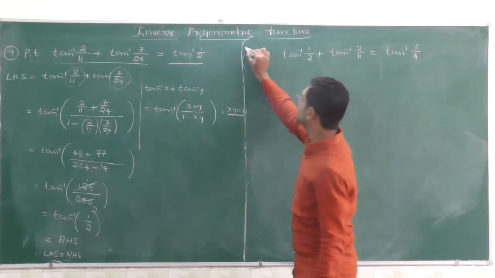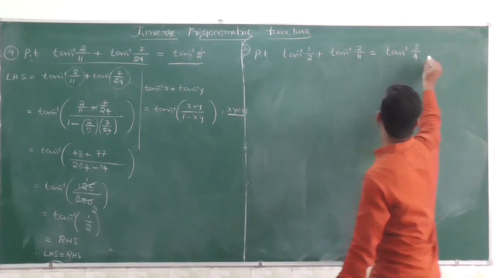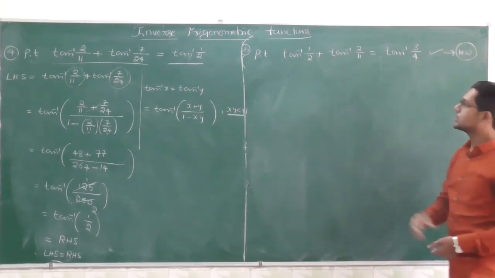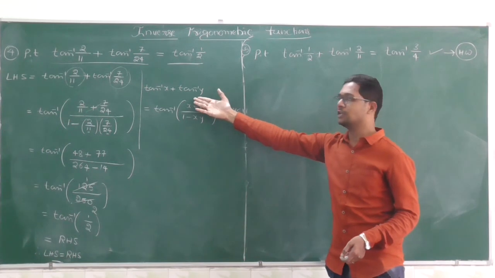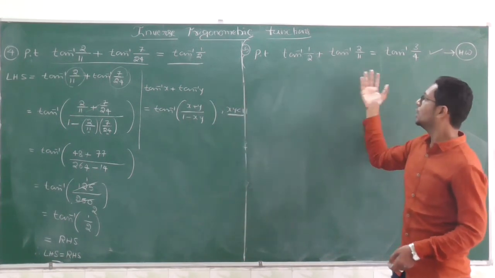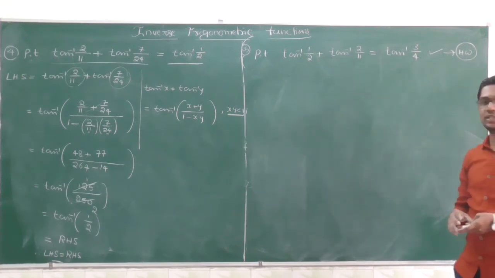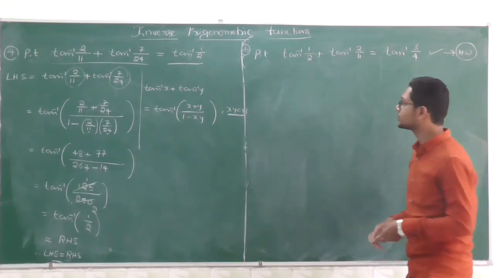It is the fifth problem, homework for you. Here also, apply the tan inverse x plus tan inverse y property, then simplify it. Finally, you will get the RHS form.